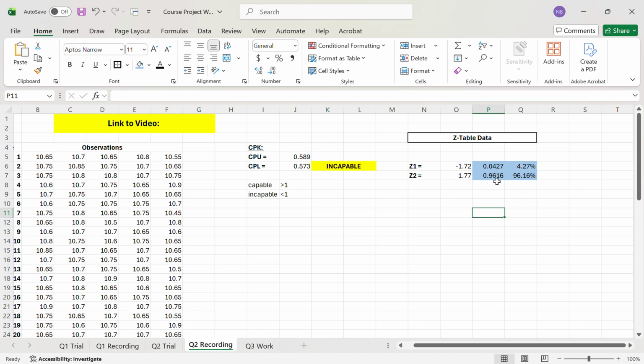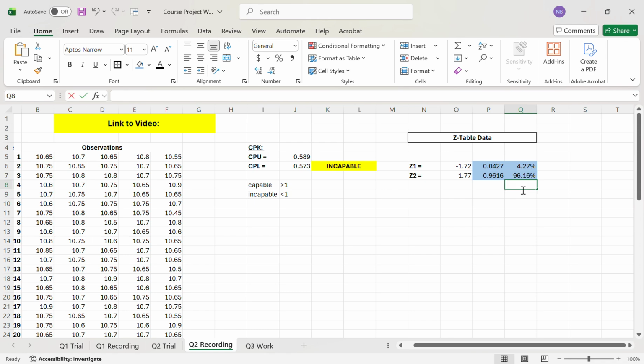Now your Z2, using your upper specification limit, is showing that 96.16% of items are under your upper specification limit. Now that's great, but we want what's over the upper specification limit so we can know what's outside of the 3 sigma mark to see what does not conform to our specifications.